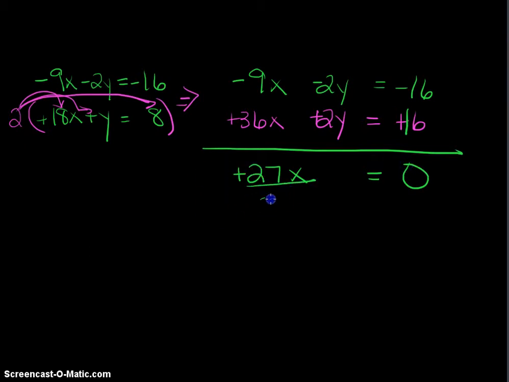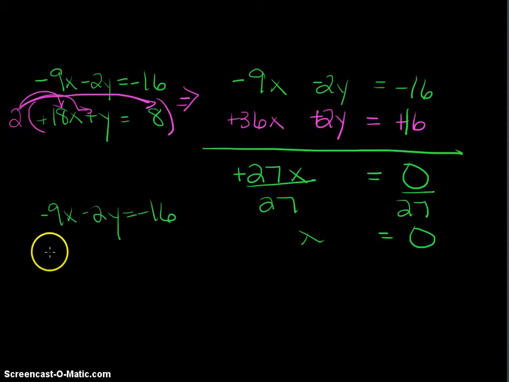And now I just solve this equation here. And x equals 0. Alright, so now I have x equals 0, and I'm going to plug it into either top or bottom equation. And just to prove to you that you could select the top instead of the bottom, let's just write another equation. So we've got negative 9x minus 2y equals negative 16.